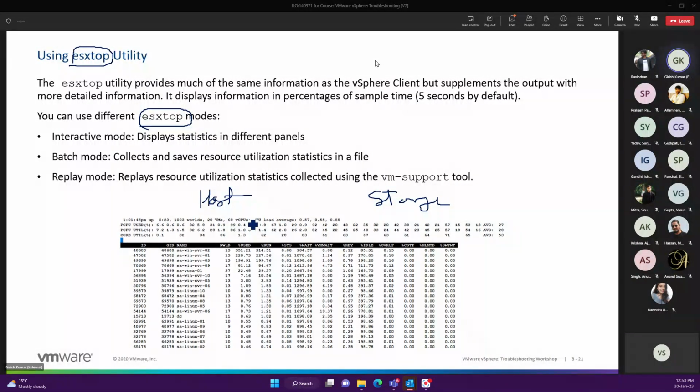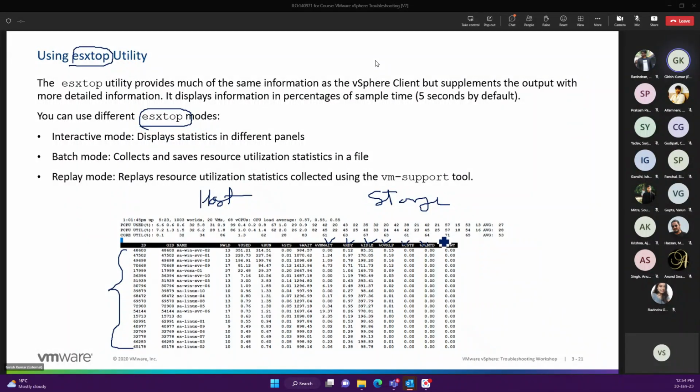By default, it shows you all the CPU-related statistics. If I want to see whether CPU-related contention exists at the ESXi level or at the VM level, which metrics should I use?